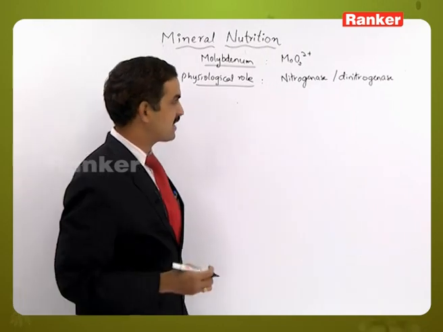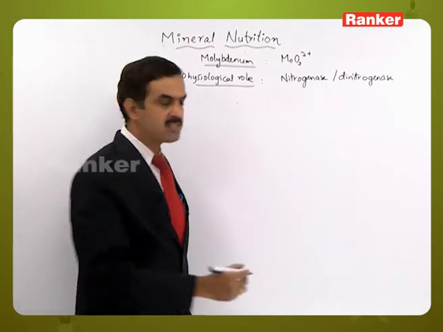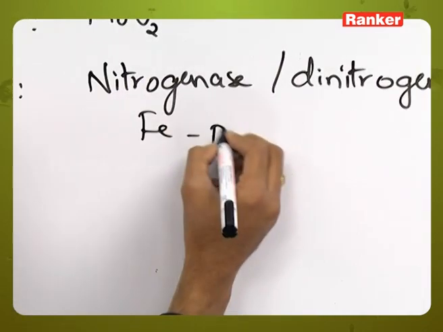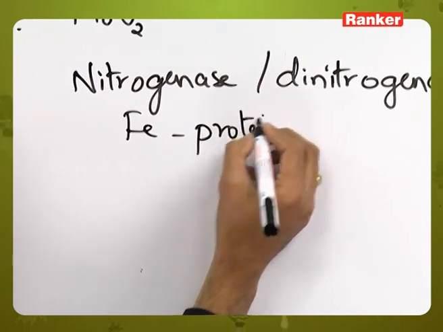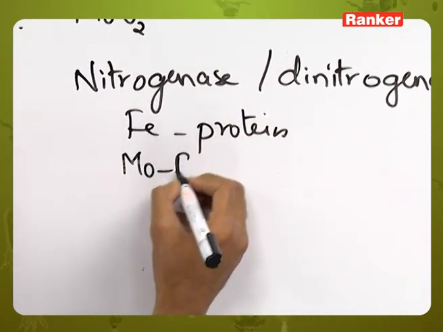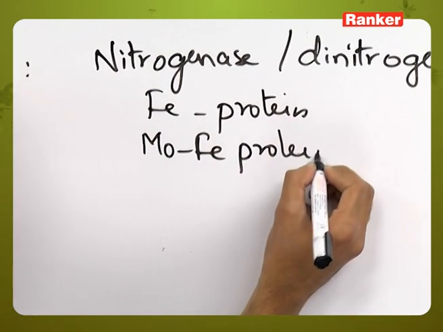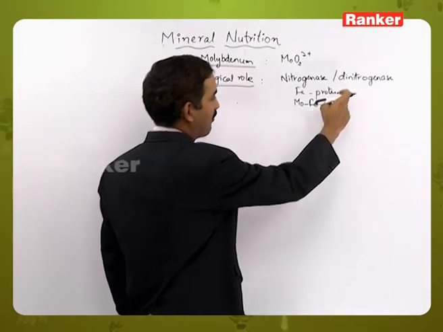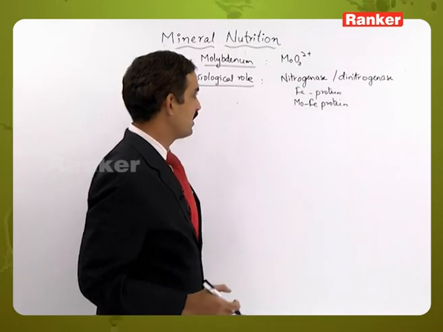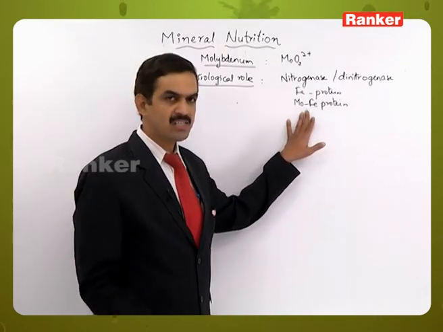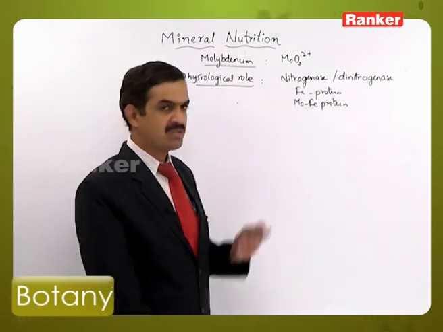This nitrogenase enzyme contains two protein parts. One is called the iron protein part, along with the molybdenum iron protein part. It is in the form of a dimer, and in the form of a tetramer. So molybdenum is one of the major constituent parts of the nitrogenase enzyme.